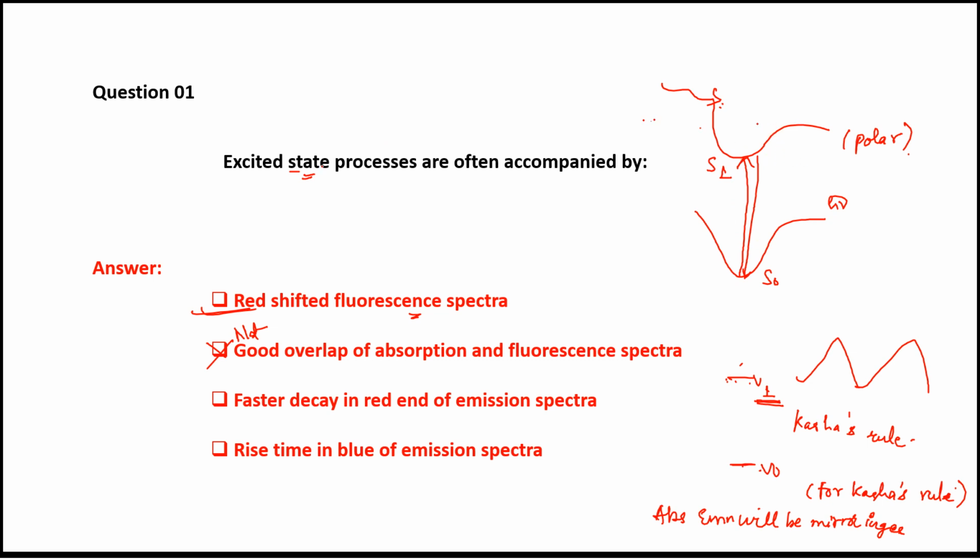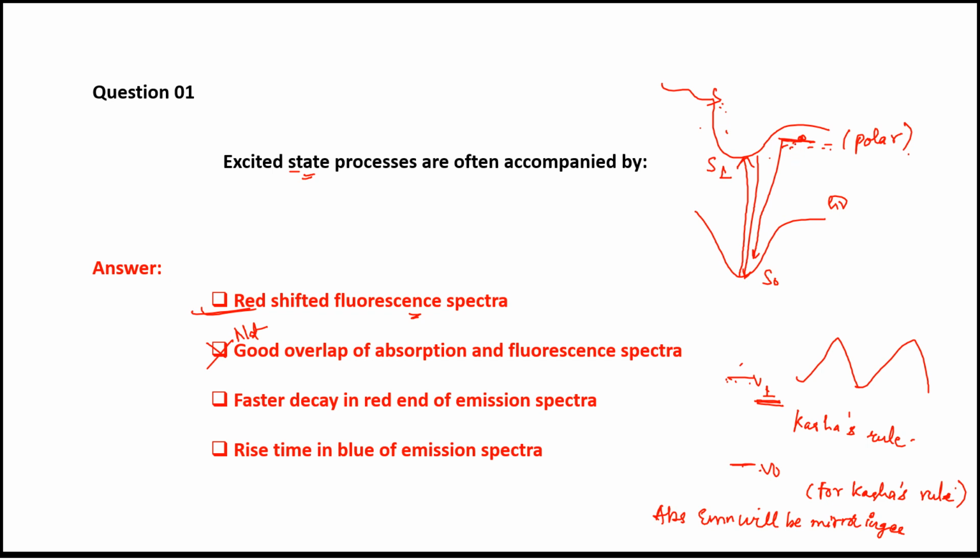Now there may be another process associated with this, where the excited state has a bit lower energy due to the polarity. The more polar it is, the more stabilized it will be, and therefore due to this lower energy of the band, there will be a new band arising due to the polar nature, where the emission can occur from this part of the band.